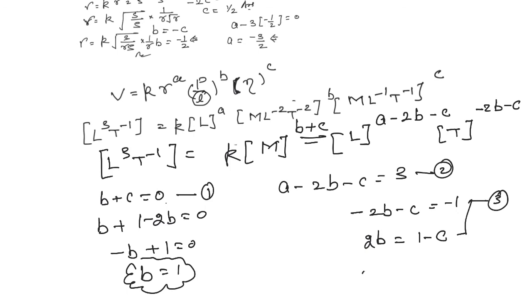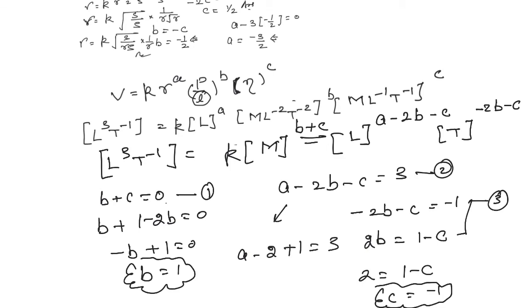If B value is 1, C value will be minus 1. Then A minus 2 plus 1 equals 3, so A minus 1 equals 3, A equals 4.